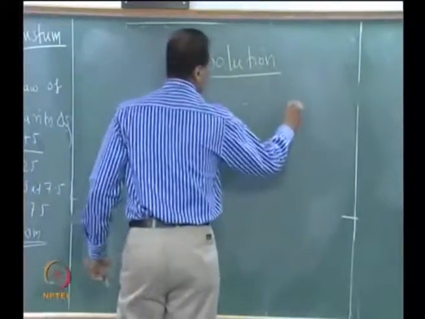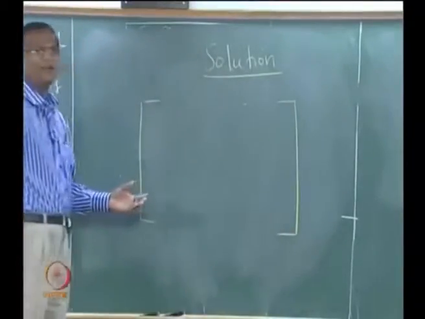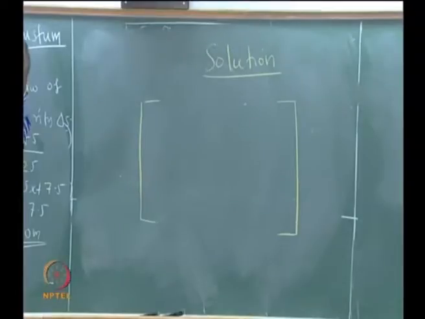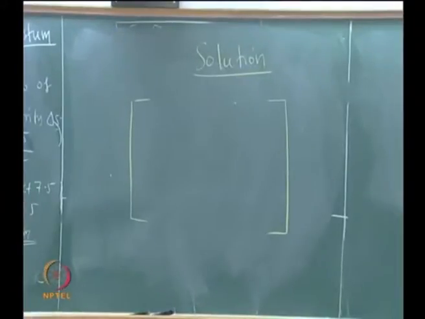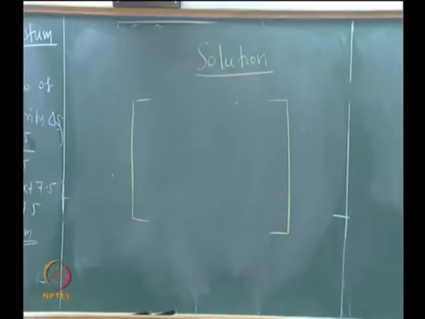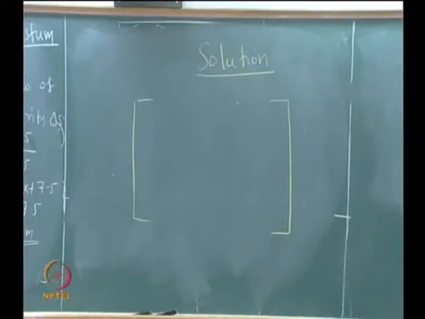So finally you have to put the solution like this, which can be entered into a computer program if you are doing the enclosure analysis, okay. Because it is 3 by 3 you are able to do it by hand, if it is 10 by 10, 20 by 20 you will write a program to determine the view factors and store it once and for all. Then when the temperatures are dynamically updated, this will not change because it is a function only of the geometry.